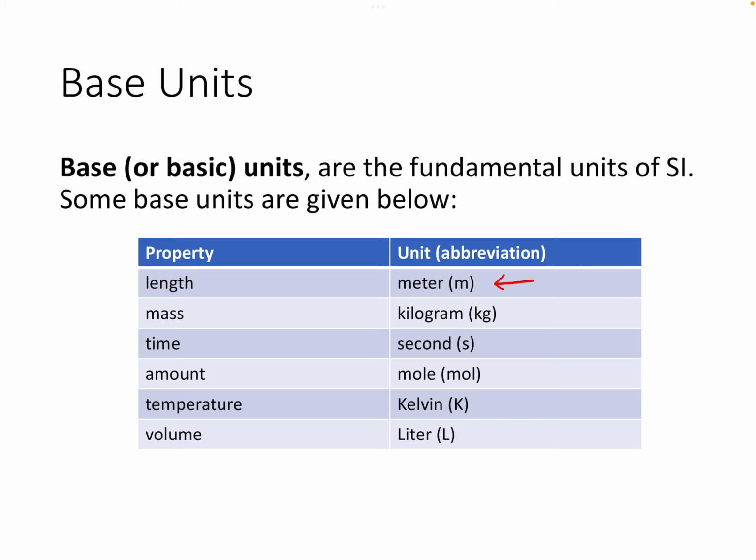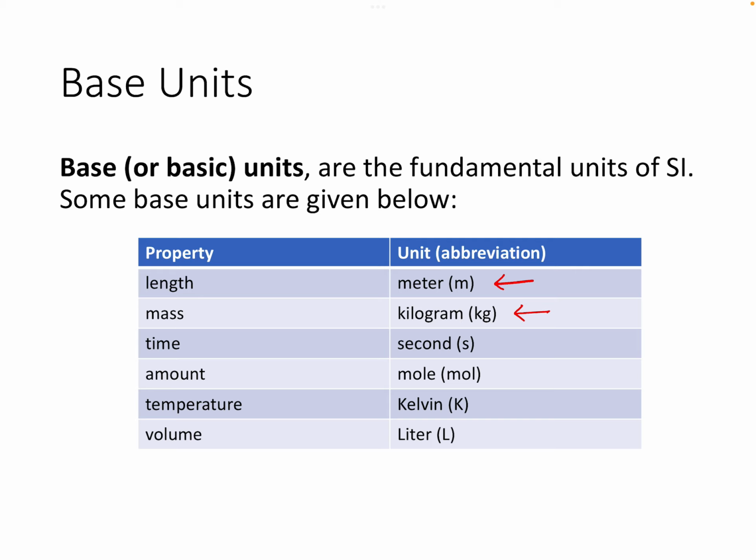If we're measuring the mass or weight of something, we're going to use kilograms as our base unit. However, in chemistry, we tend to measure really small amounts of chemicals. So we'll typically use the gram or even a smaller unit, such as the milligram. But we'll talk more about that in the future.